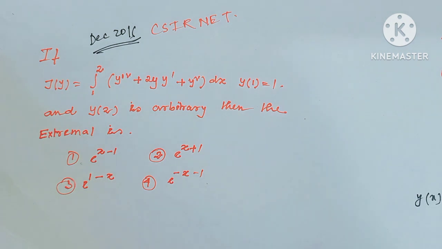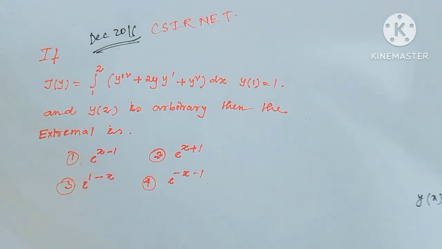Then the extremal is: option 1, e^(x-2); option 2, e^(x+1); option 3, e^(1-x); and option 4, e^(-x-1). Which of these is the extremal of this functional? Here y(2) is arbitrary.